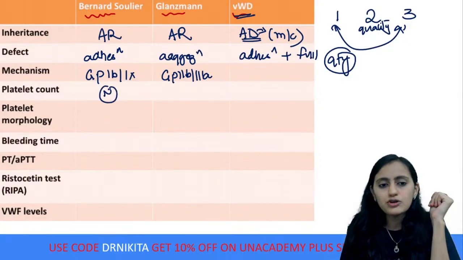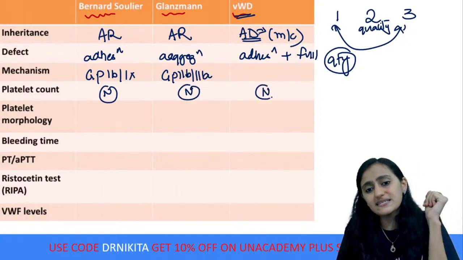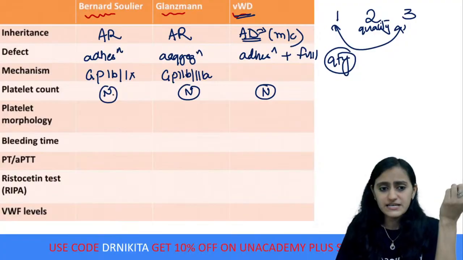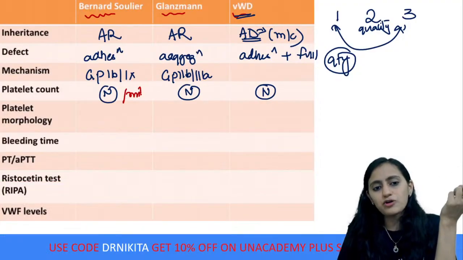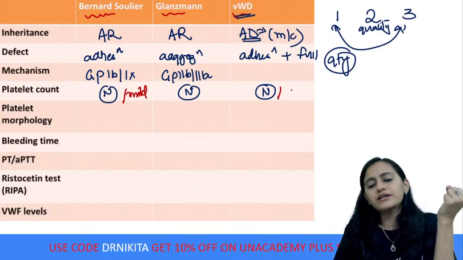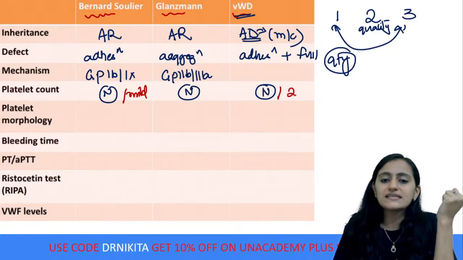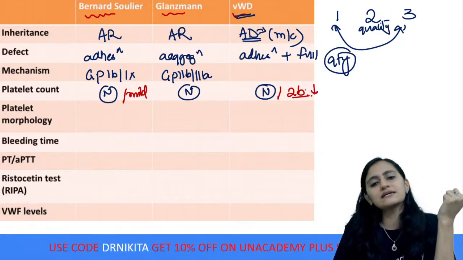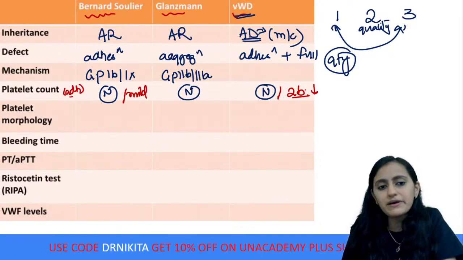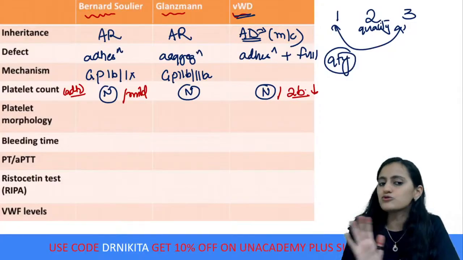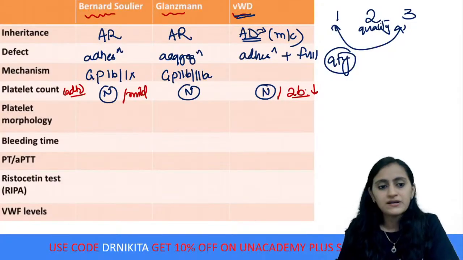Platelet count can be normal in all of these. There can be mild thrombocytopenia in your Bernard-Soulier or in your von Willebrand disease type 2B. There can be decreased platelet count. Okay? So basically in the adhesion ones you can get a decreased platelet count or it can be normal also.